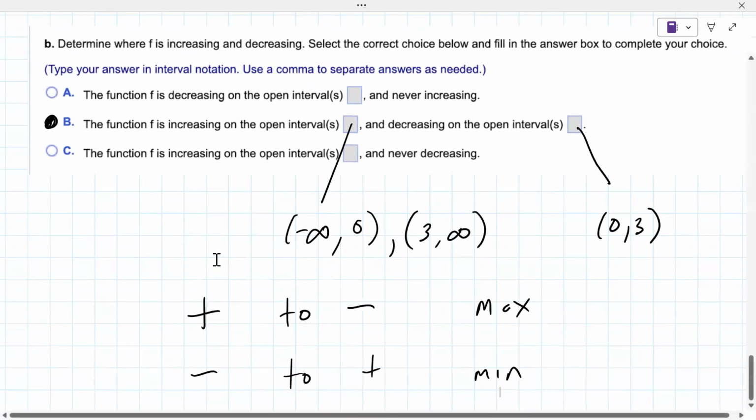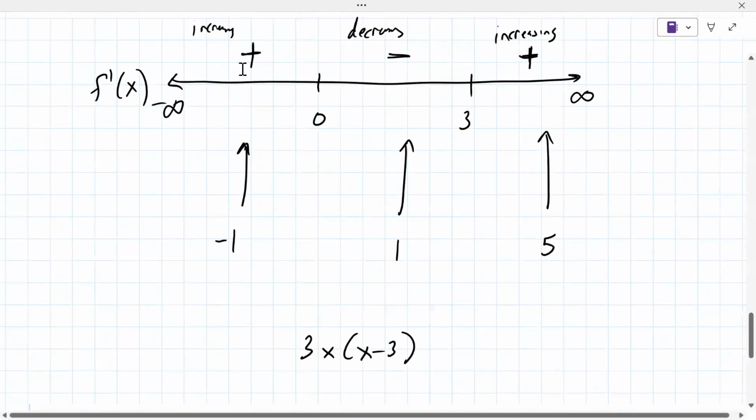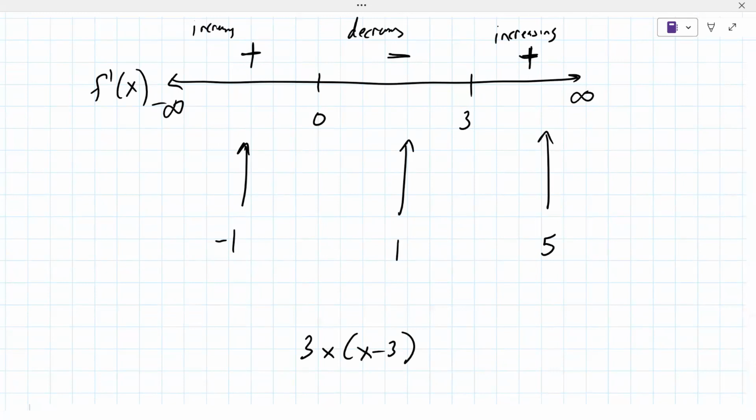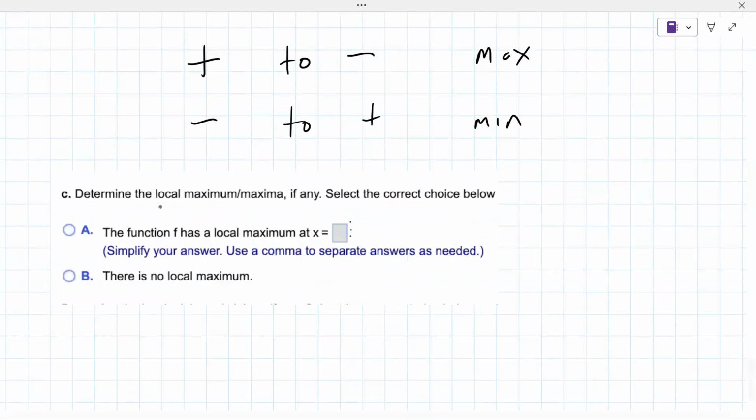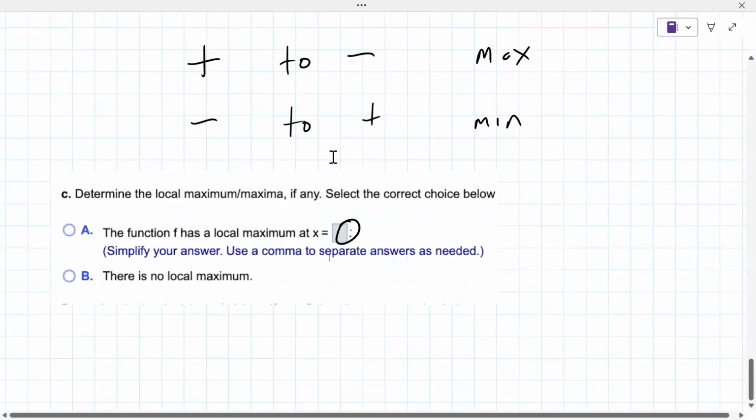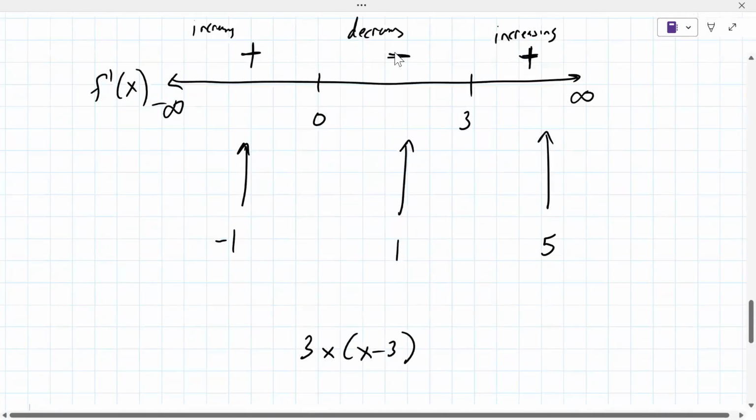So if we go back to the sign chart, a plus to a minus, there's a max at 0. So in part C, where it says determine the local max, it's where x equals 0. Minus to plus is a min.